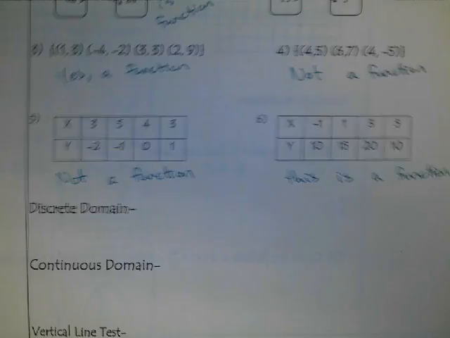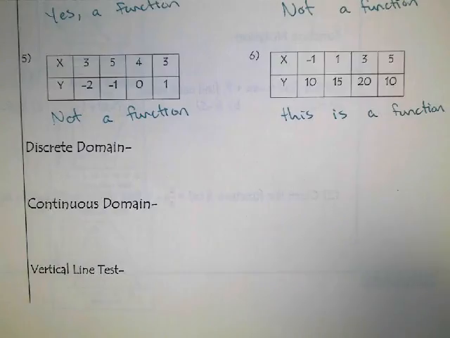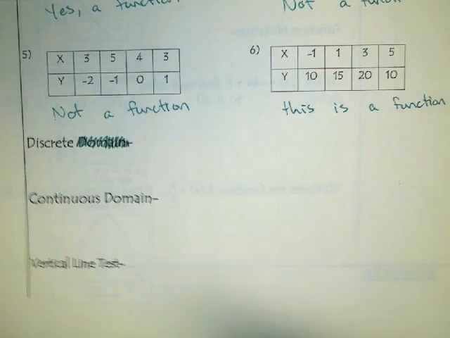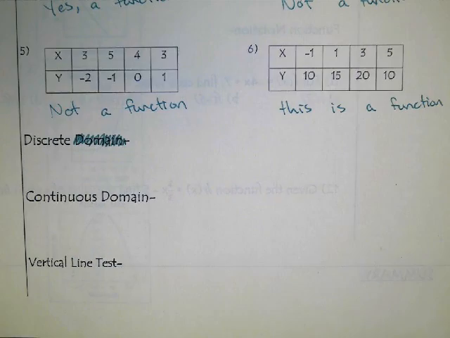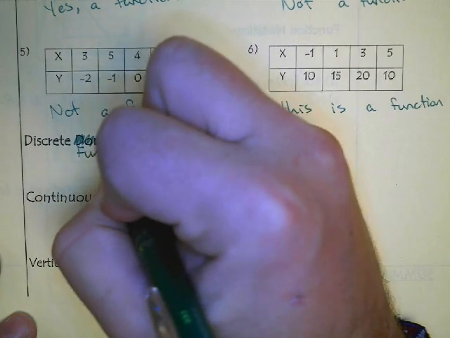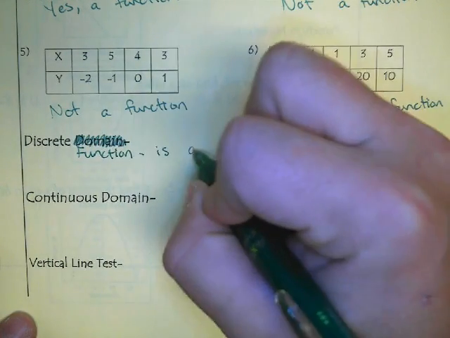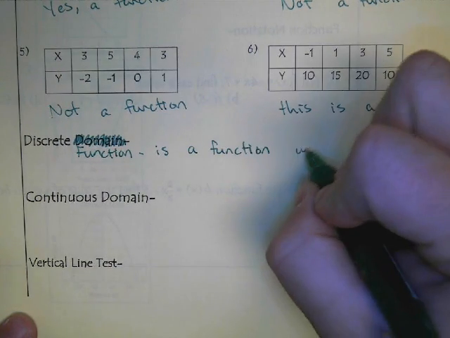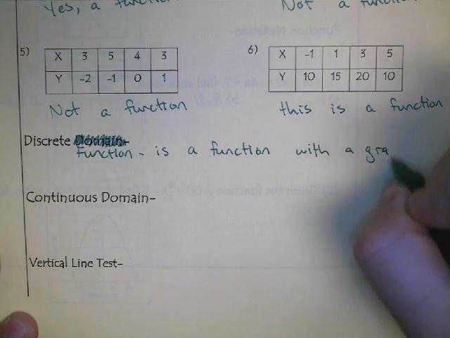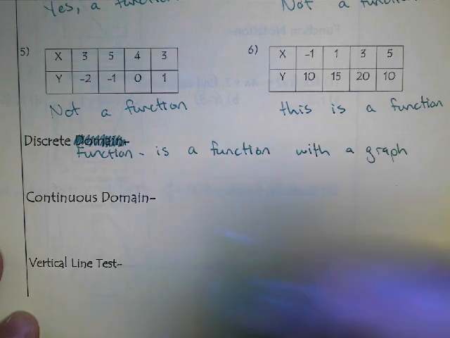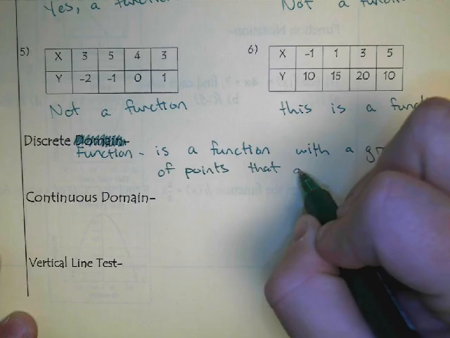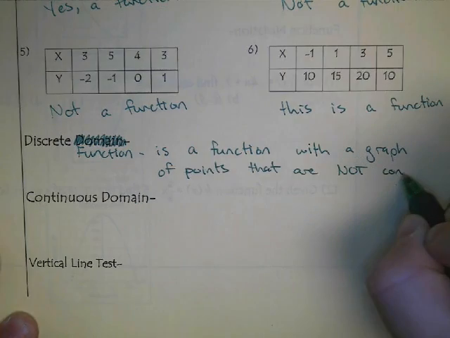So some more definitions. This chapter is very heavy on definitions. What we're going to discuss is discrete, and it's not domain, it's just discrete. A discrete function is a function with a graph of points that are not connected.